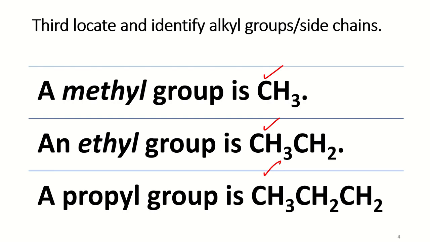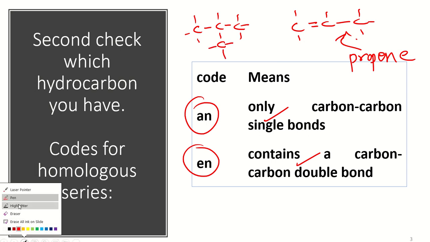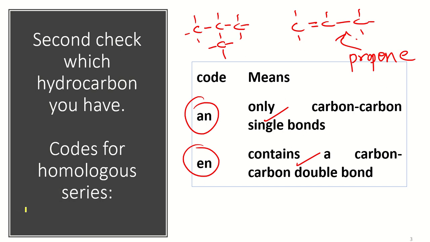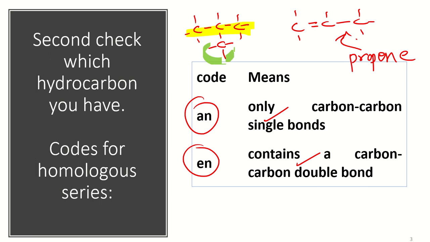Okay, so for example, if I went back to my compound here, let me just tidy this up and get rid of the name. Let's change the structure of this one on the left. First thing we do is we always look for the longest unbroken or longest continuous chain, and that is 3 carbons. You can see that the carbon at the bottom here, that I'm going to highlight in green, is not part of the longest chain.